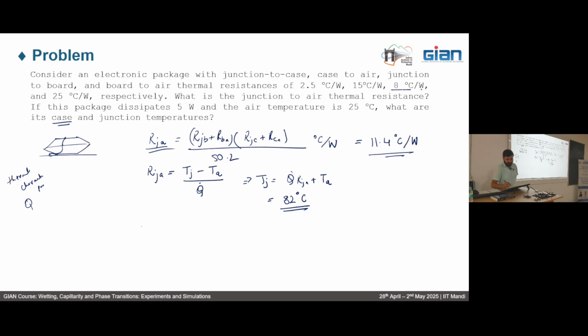So I think then your Q from your junction to the casing would come out to be 8 by 2.5 times what is the value of that? Sorry, 5.5 by 8. That should be it. Try to see what is the value.